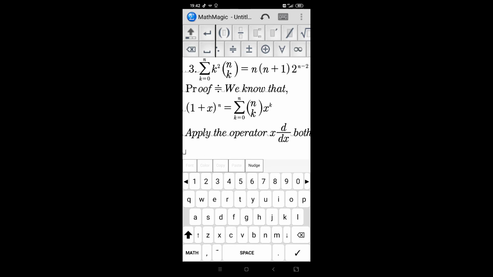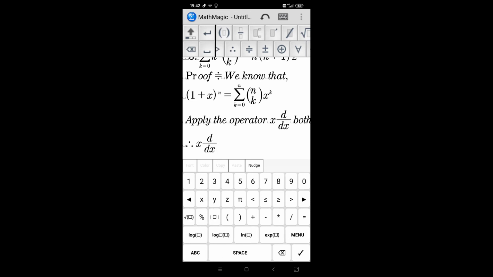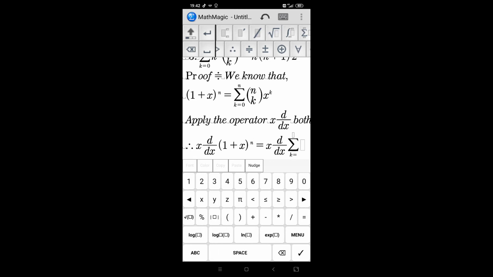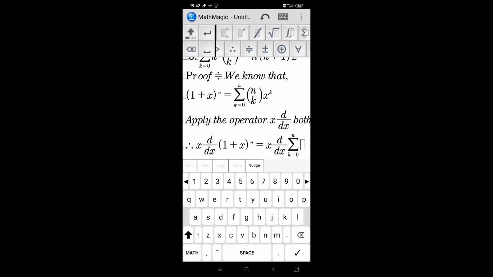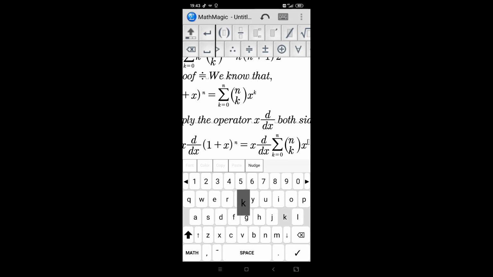So we get x into d by dx of (1 plus x) to the power n equal to x d by dx of the sum from k equal to 0 to n of n combination k into x to the k, okay.